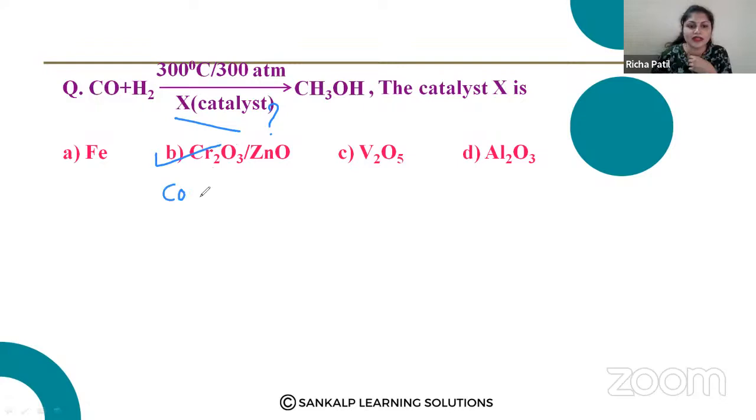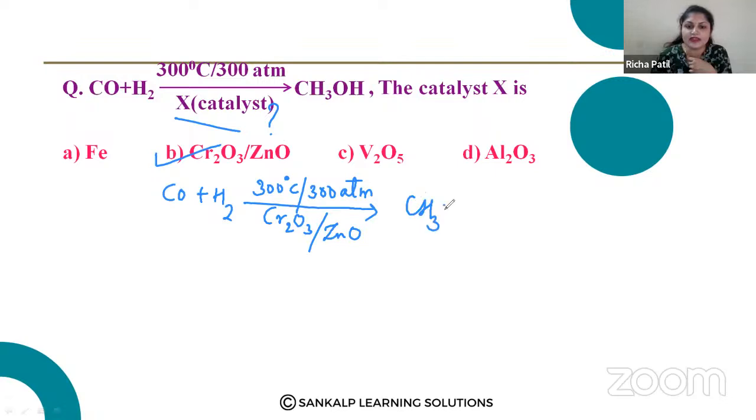So here the reaction goes like this: CO plus H2, at 300 degrees Celsius and 300 atmospheric pressure in the presence of Cr2O3 and zinc oxide, gives you CH3OH.